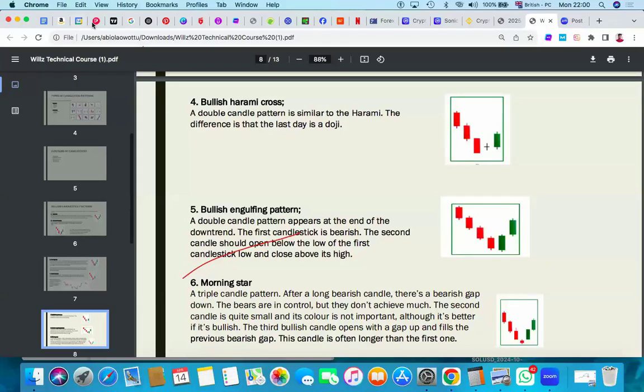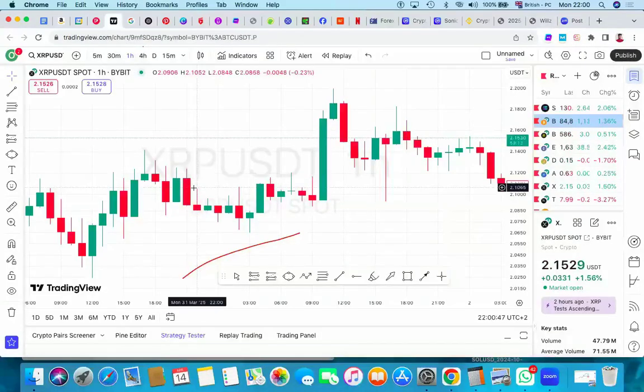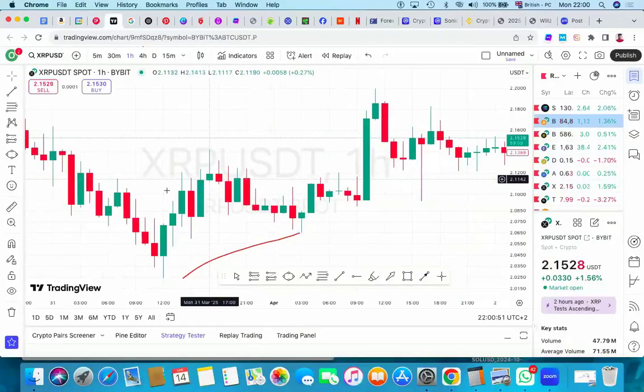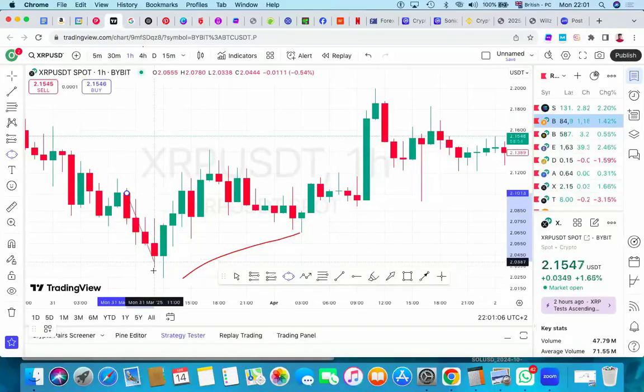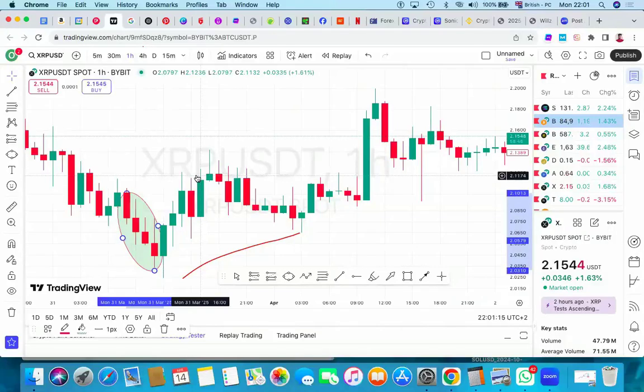The same thing on our chart here: we have one, two, three, four, and you just have one, two, three, and it covers up everything. So if you are seeing what I'm seeing, please confirm in the chat box by typing one.